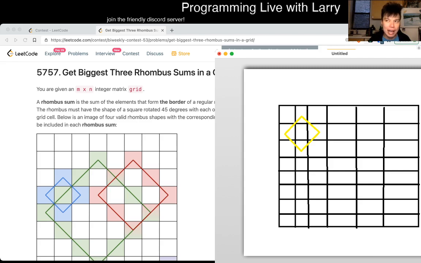Then you literally try for each box, and there are only n times m boxes, which is 100, and the max size of a rhombus is just the min of n or m. So roughly speaking, if you want to be hand wavy, it's going to be n cubed, and that's going to be fast enough.